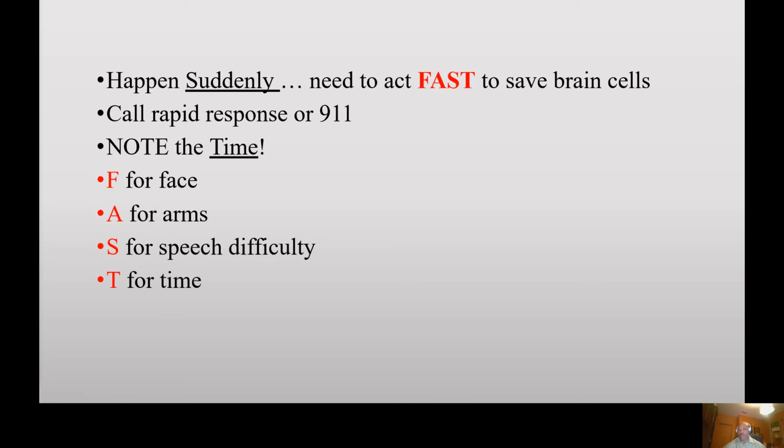FAST is an easy way to remember the signs of a stroke. Students should include this acronym FAST in your teaching plan for a patient at risk for a stroke and the patient's caregiver. They should understand this very well.